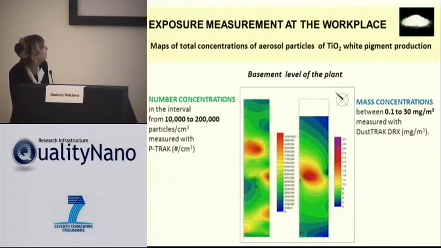So here you can see the maps of the total concentration of aerosol particles, and here at the left side is the number concentration at the basement, and the number of particles were from 10,000 to 200,000 particles per cubic centimeter, and the mass concentrations are seen at the other picture, and the mass concentration was in the range from 0.1 to 30 milligrams per cubic meter.